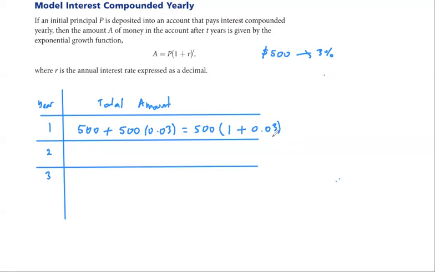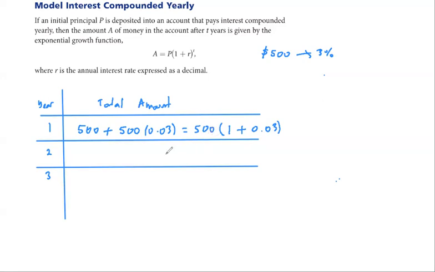So 500 times 1 plus 0.03, right? But this 1 represents 100%, which is just the original amount. And this 0.03 represents the rate, which is the 3%. So if you add these two, 100% and 3%, the whole thing is just 103%, because we are going to get 3% interest. So including 100% original principal, we get 103% of the original amount.